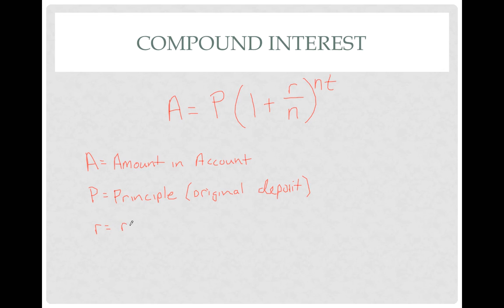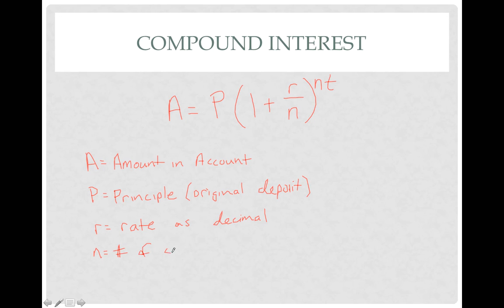R is the interest rate as a decimal. N is the number of times compounded per year.